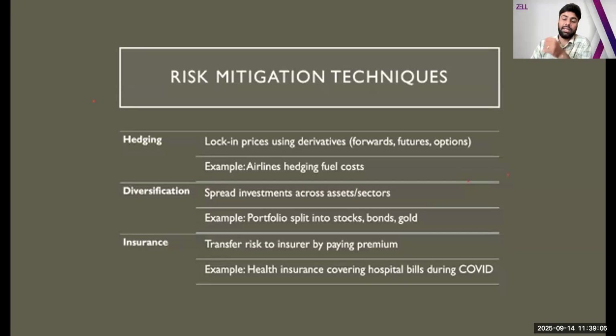Apart from that, give me any 5 sectors, 50,000 each. Tech, aviation, FMCG, steel, and banking. This is diversification.